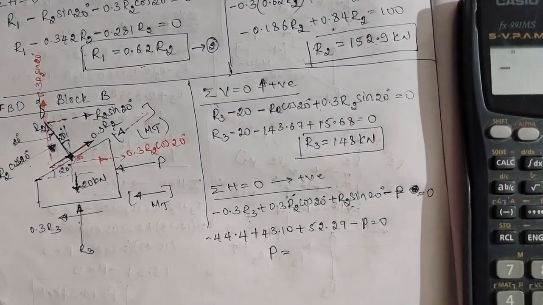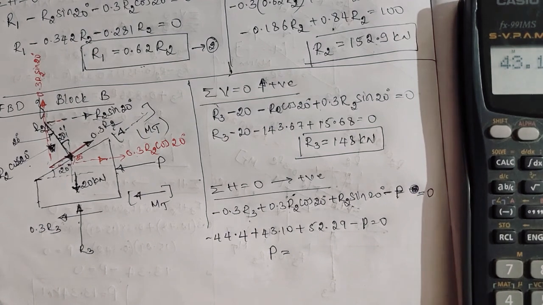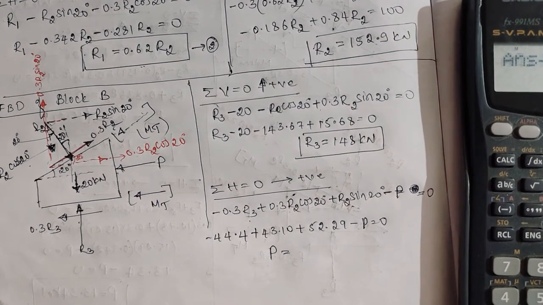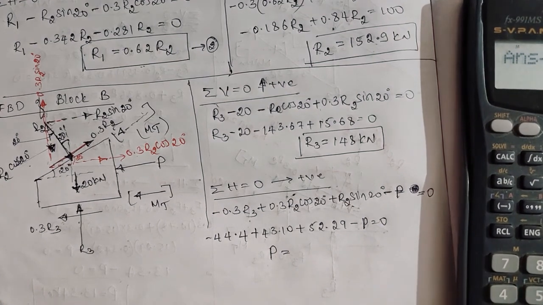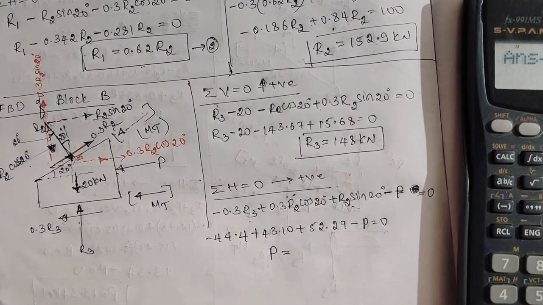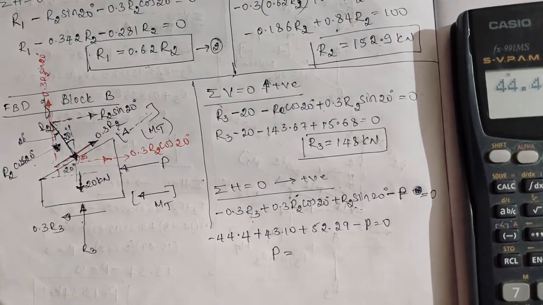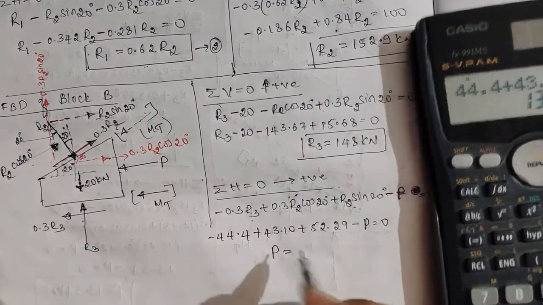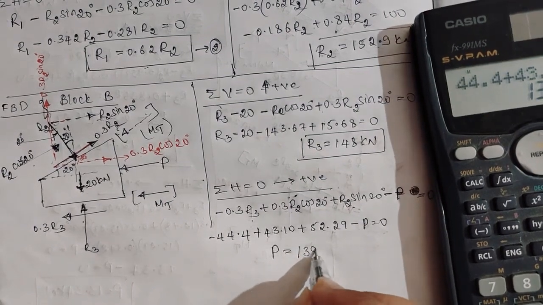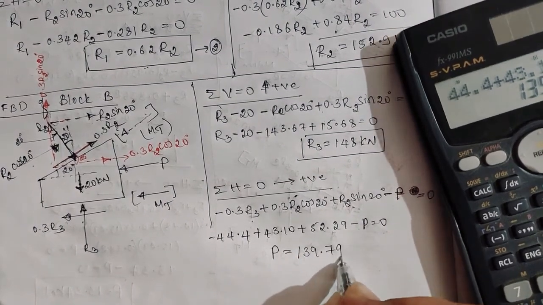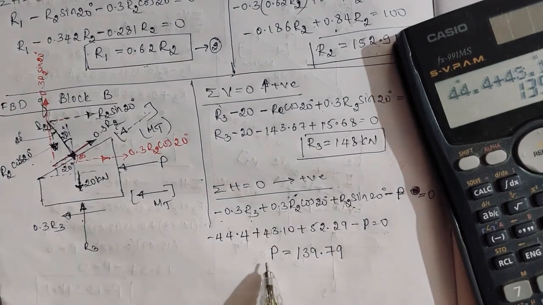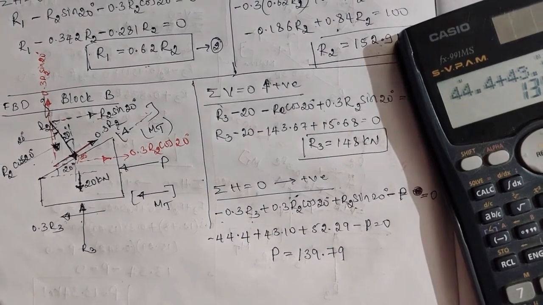Therefore P is equal to 43.10 plus 52.29. Okay, it will be around 139.79.